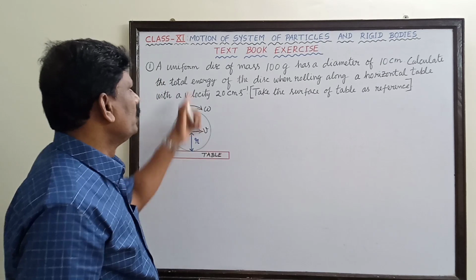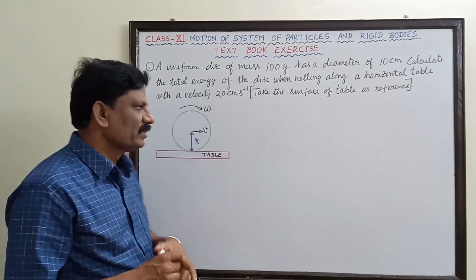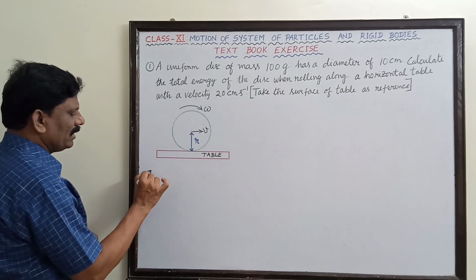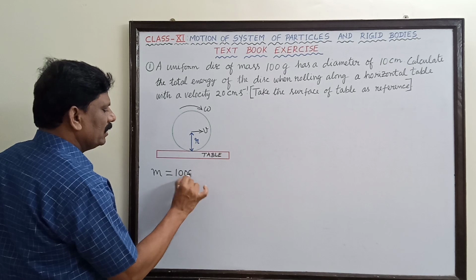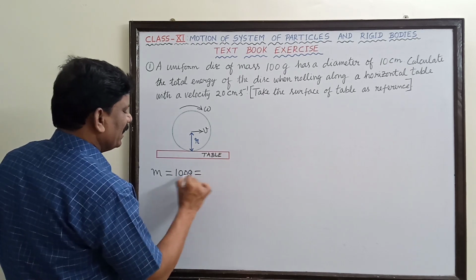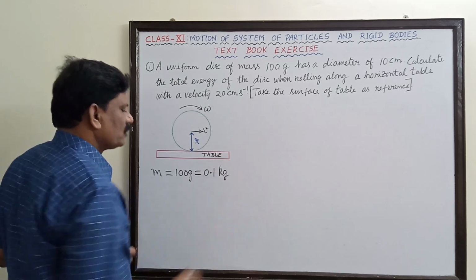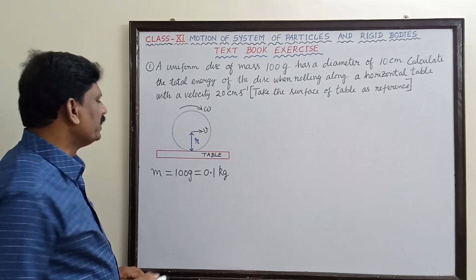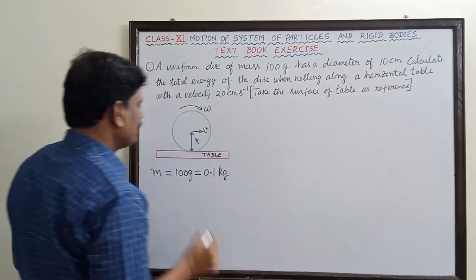Before that, you can read out the problem and get the given information. The mass of the disc is equal to 100 gram. In kilogram, 100 divided by 1000 is 0.1 kg. So we will convert it into SI unit. Next, its diameter is 10 centimeter.